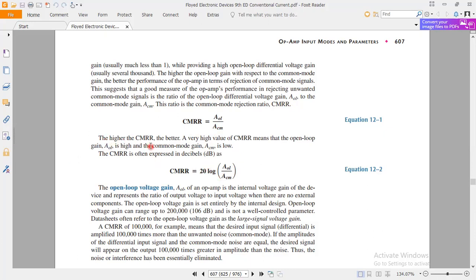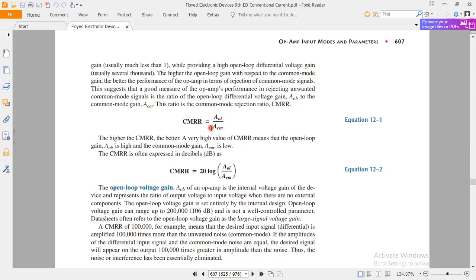The higher the common mode rejection ratio, the better. A very high CMRR means that the open loop gain, AOL, is high and the common mode gain, ACM, is low. If the denominator is less and the numerator high, we get a higher value of CMRR.